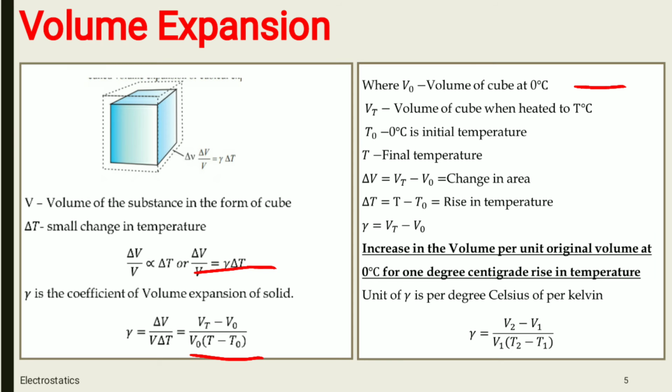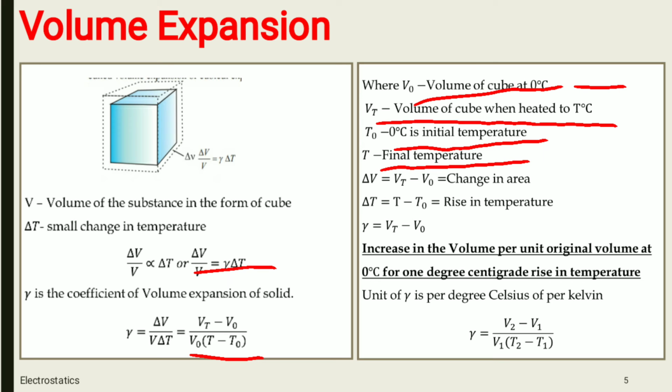So here V0 is the volume of the cube at 0 degrees Celsius. Vt is the volume of the cube when heated to T degrees Celsius. T0 is 0 degrees Celsius, or you can say the initial temperature of that cube. T is the final temperature.